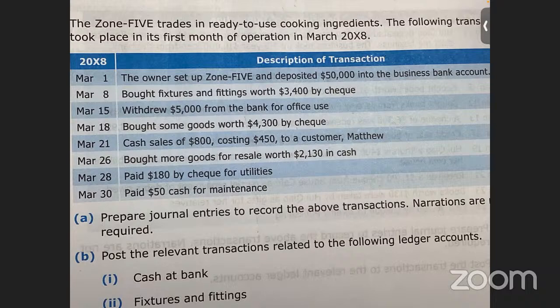Capital is like what you start with in the business. Not wrong, and that is a very common understanding. That is an okay understanding. You need to have capital, correct? Let me tell you a slightly different definition. Capital is what the business owes the owner.